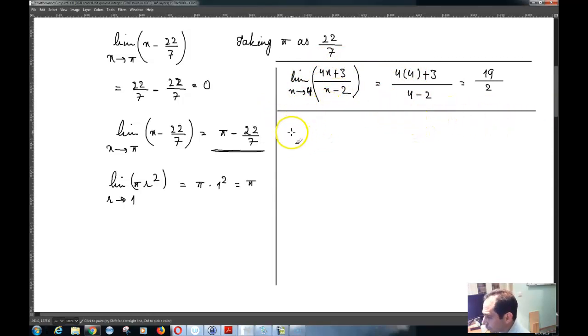Number 5, if you write the limit of x raised to the power 10 plus x raised to the power 5 plus 1 over x minus 1 when x tends to negative 1.